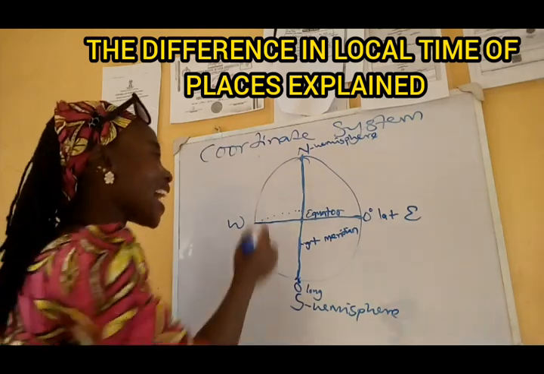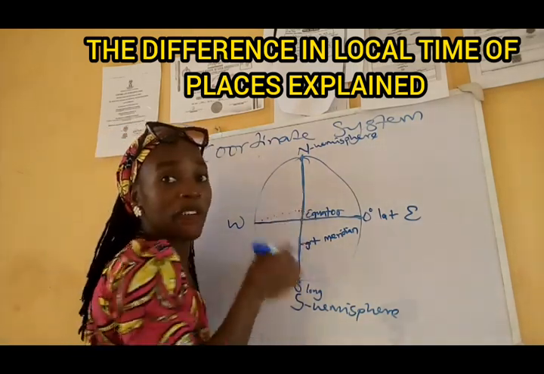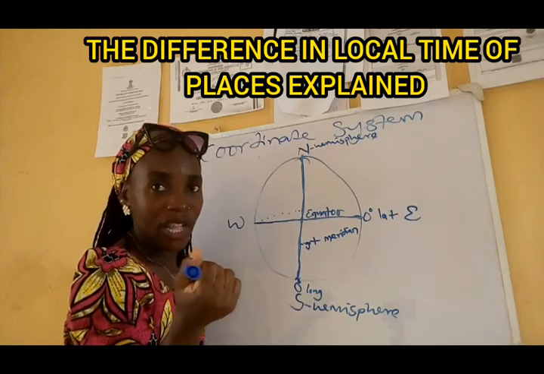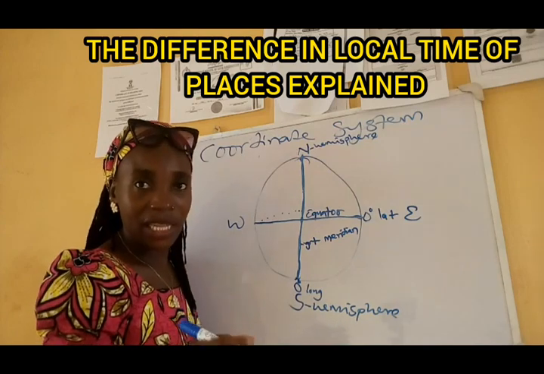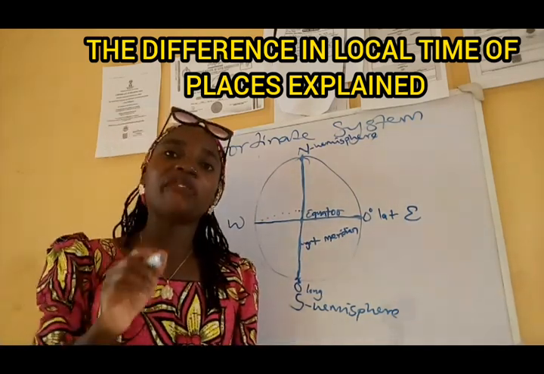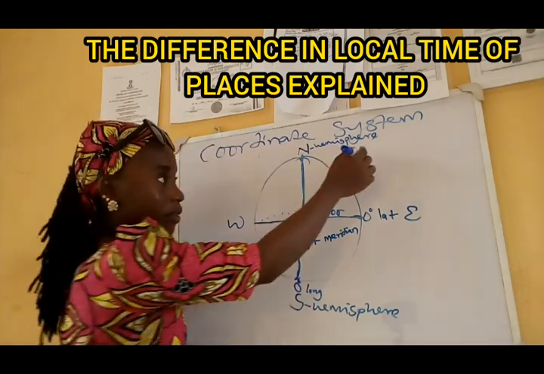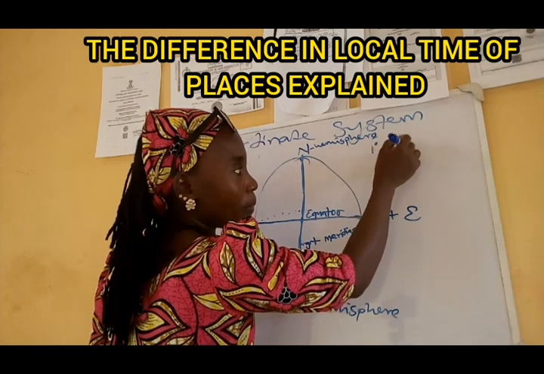As it is increasing, every 1 degree away from the Great Meridian, or the center of the Earth that cuts vertically, is 4 minutes. Every 1 degree is equal to 4 minutes.